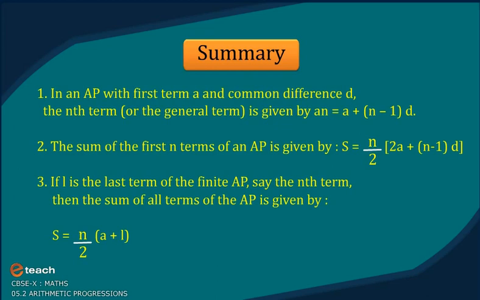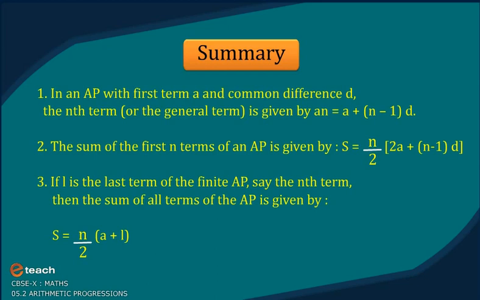Summary. In an AP with first term a and common difference d, the nth term or the general term is given by an is equal to a plus into bracket n minus 1 d.